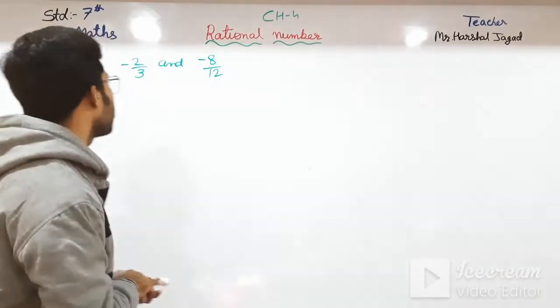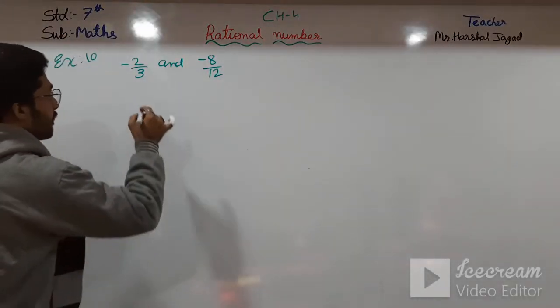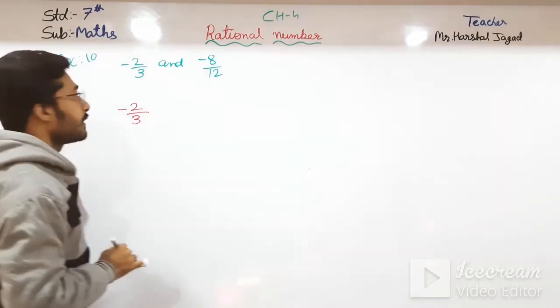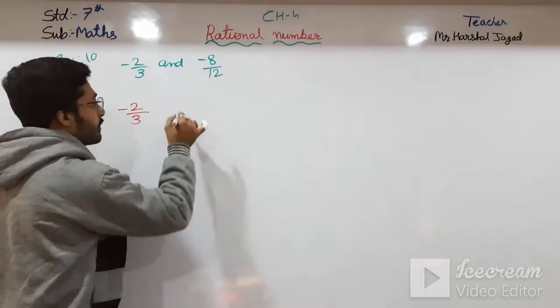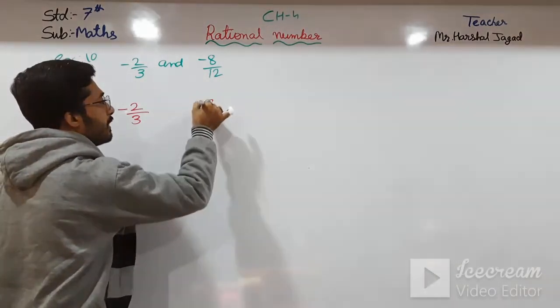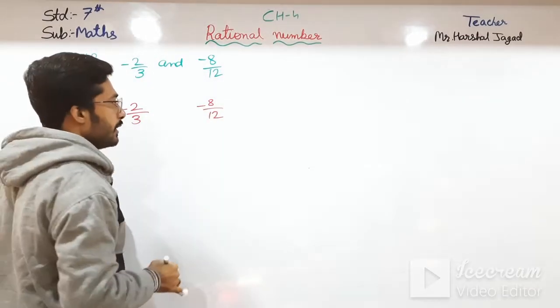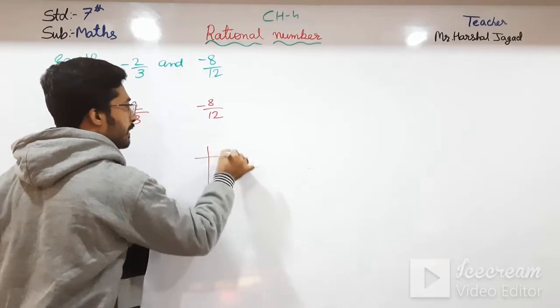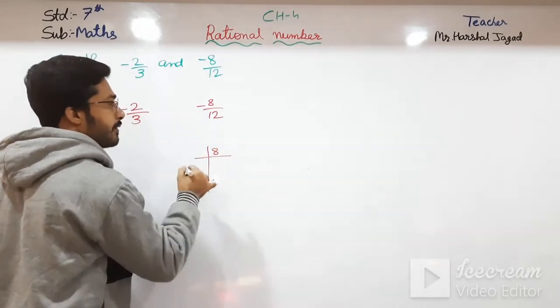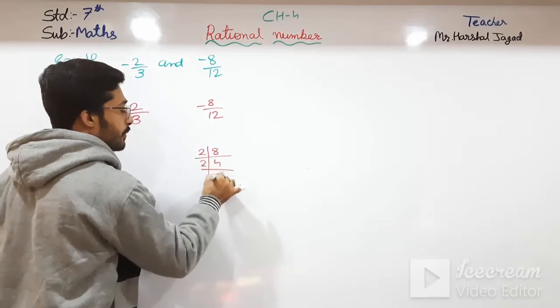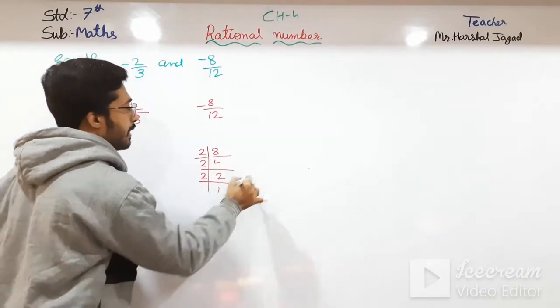Let us check it. Here this is the lowest form of the rational number, and let us check the lowest form of the other. We take the HCF and divide by it. For 4, 2 twos are 4, 2 twos, 2 ones.